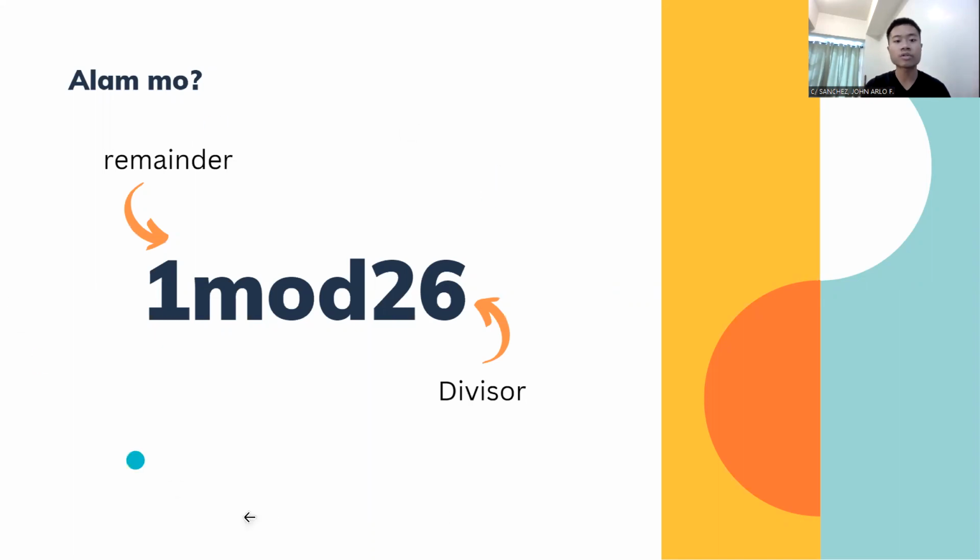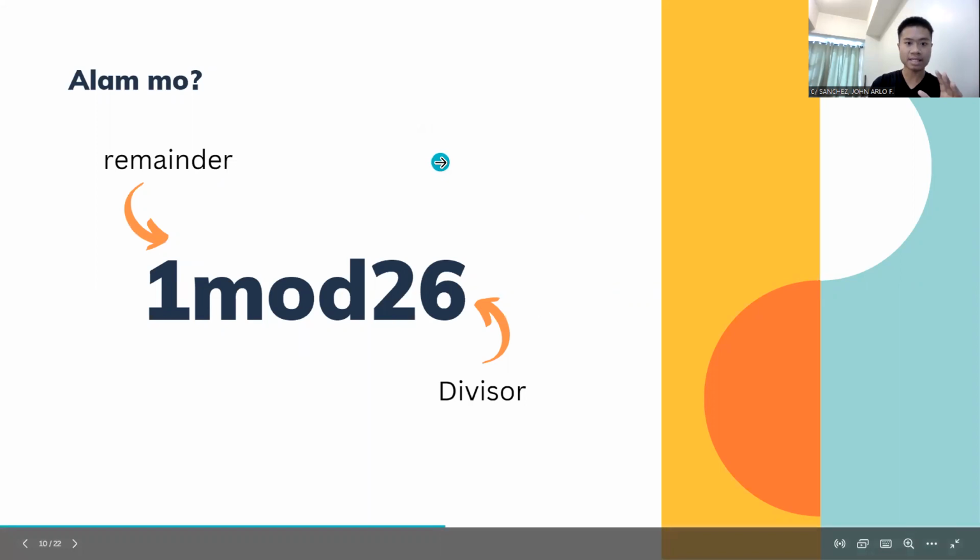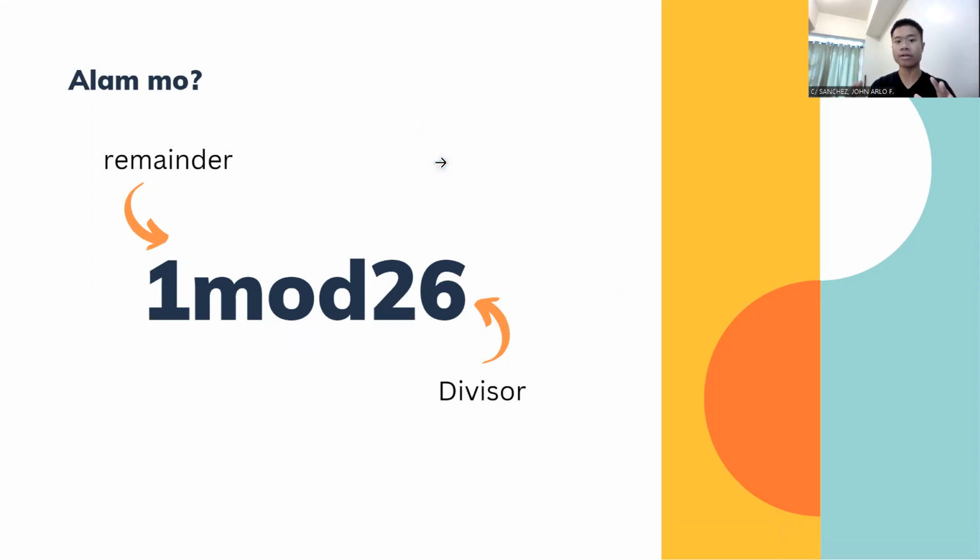So 1 modulo 26, all it means is find a number that when you divide it by 26, you will always get a remainder of 1. So like I said before, 27. 27 divided by 26 gives you a remainder of 1. That is 1 modulo 26. 53 divided by 26 is 2 with a remainder of 1.